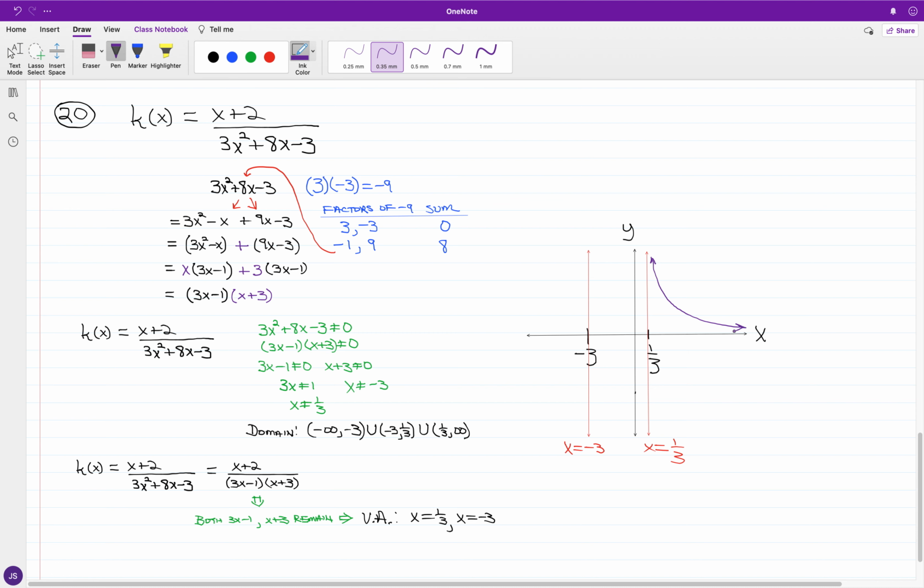And for the nature of the graph of k of x, we're going to have not just two, but instead 3 partition sections. And again, the vertical asymptotes are going to be off limits.